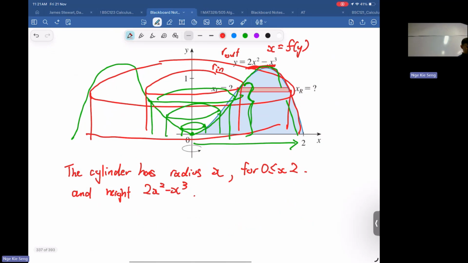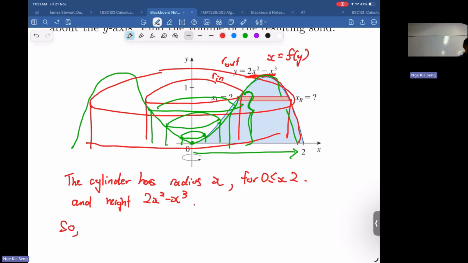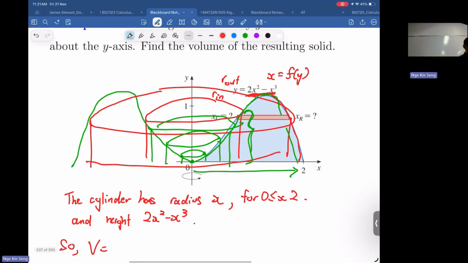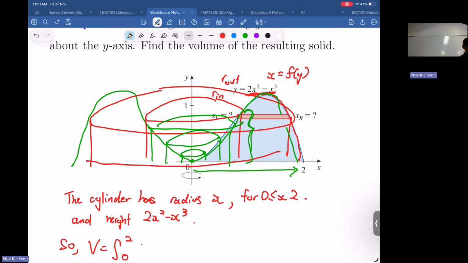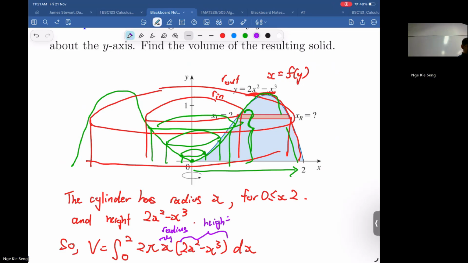Okay, so for the volume, you integrate from 0 to 2 of 2 pi x, where the radius is x, and the height is 2x squared minus x cubed, dx. So 2 pi x is the radius part, and 2x squared minus x cubed is the height.